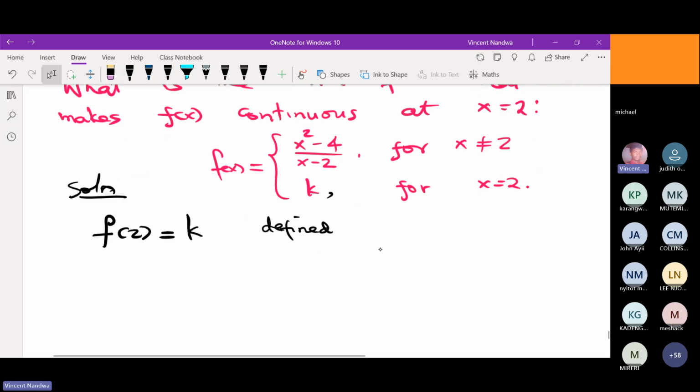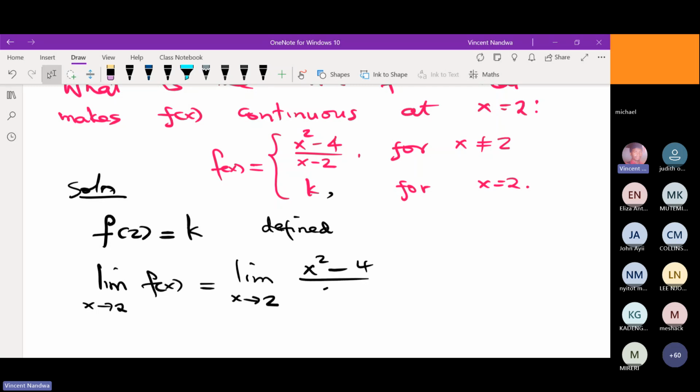Then next we get the limit as x approaches 2 of f of x, and this will be the same as the limit as x approaches 2. Now I use this other branch of the function, x squared minus 4 divided by x minus 2.